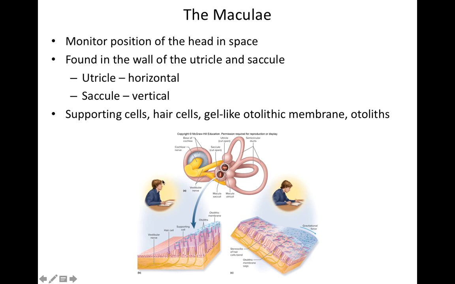So here, head up, here you're looking down. What's happening is that membrane is pulling, and all of those hair cells are bending because that membrane is pulling it. And that's going to send your action potential along the vestibular component of the vestibulocochlear nerve.